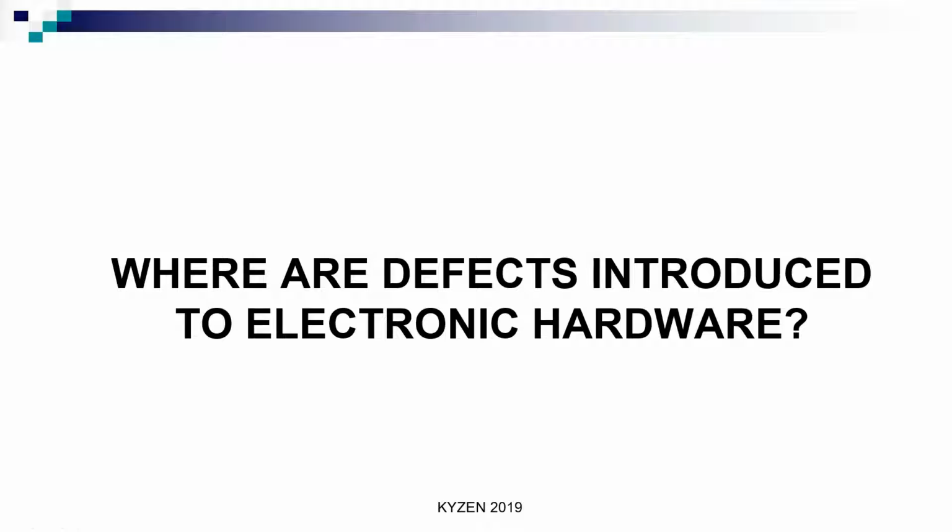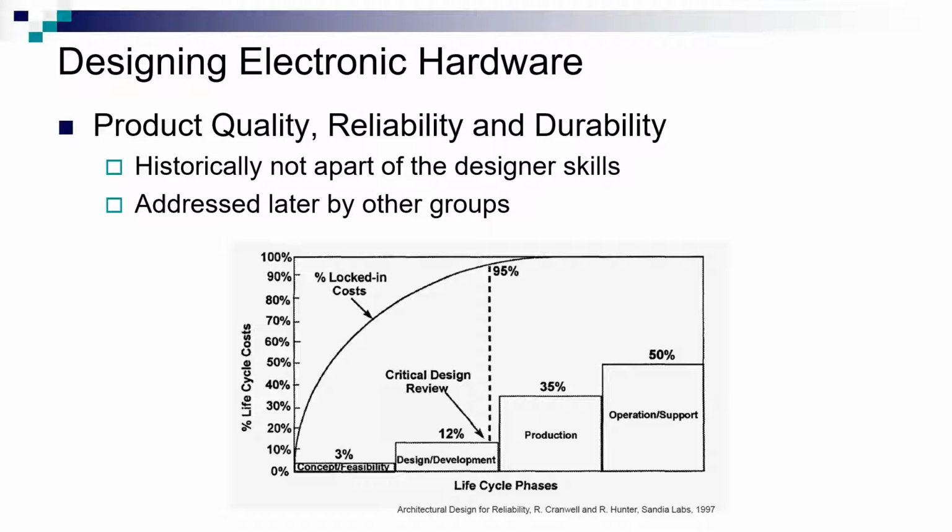When we speak to where defects are introduced into electronic hardware, there was an interesting study published by Sandia Labs back in 1997, and they made an interesting point. If you look at this image, it talks about the percent locked-in cost.